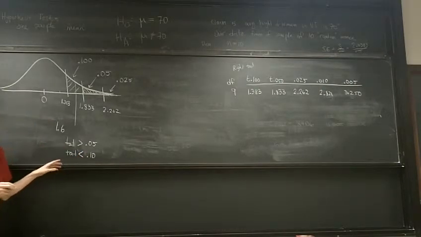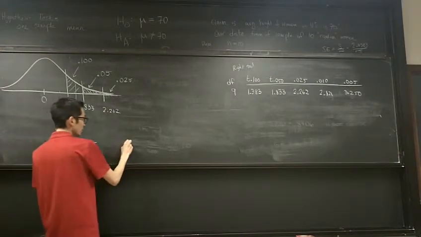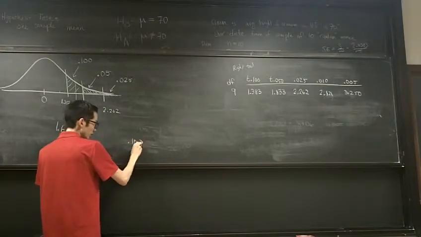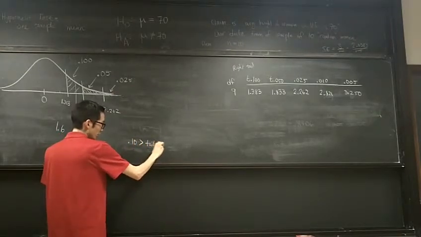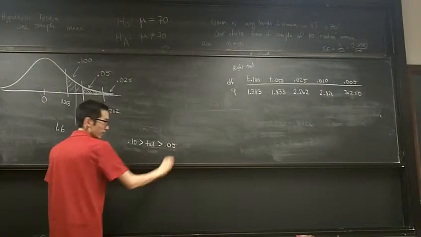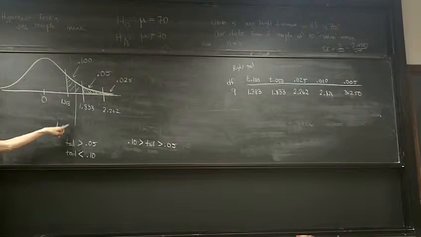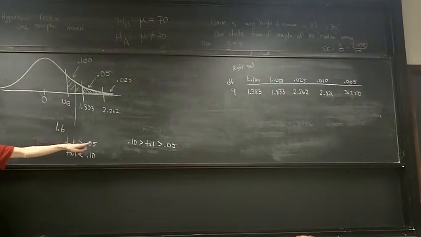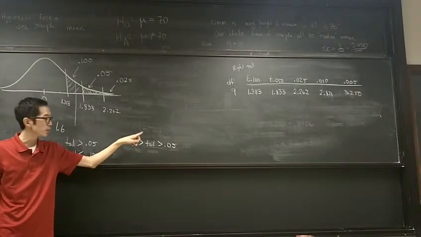Okay? And I can combine both of these, and the first time you see this, it feels weird, but I'm going to write 10% is greater than my tail, which is greater than 5%, 0.05. So if I draw a line at 1.6, the amount in my tail I know is less than 10%, but more than 5%.